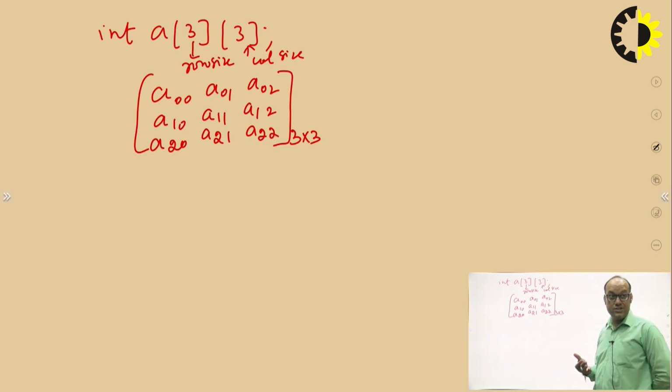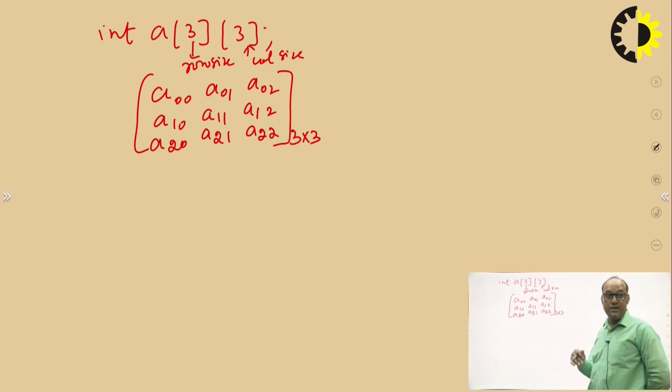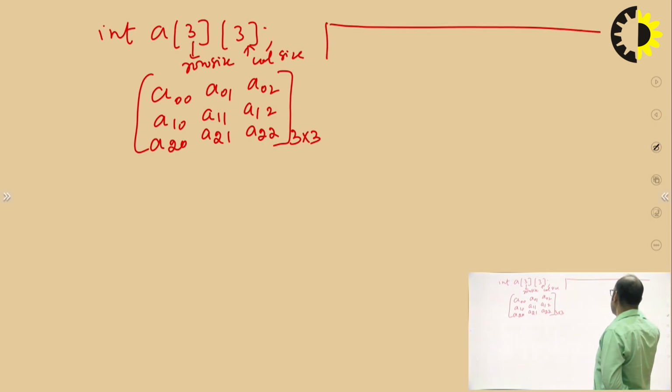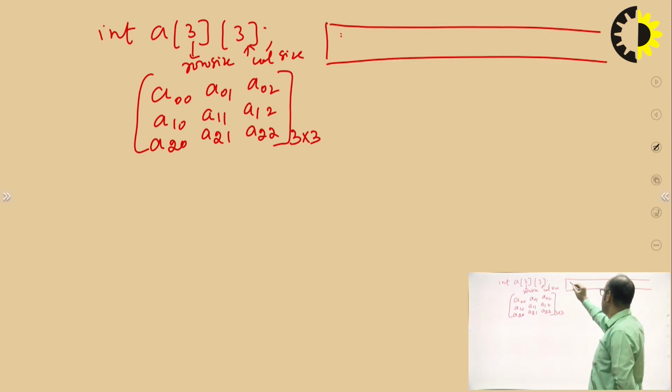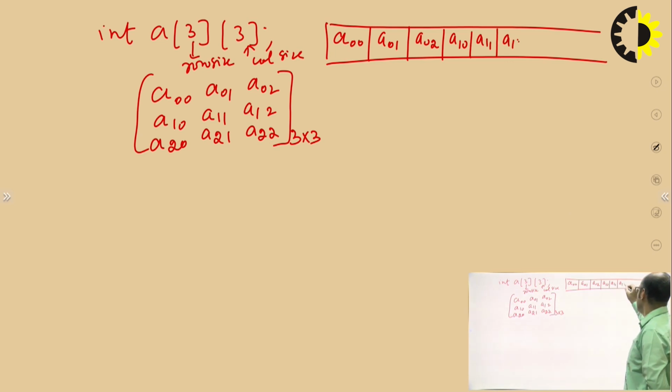This is a linear data structure, so this is only a matter of representation. This is the imagination, so that we can perform different operations easily. But in computer memory, all these elements will take contiguous memory locations, like this: A00, A01, A02, A10, A11, A12, A20, A21, A22.